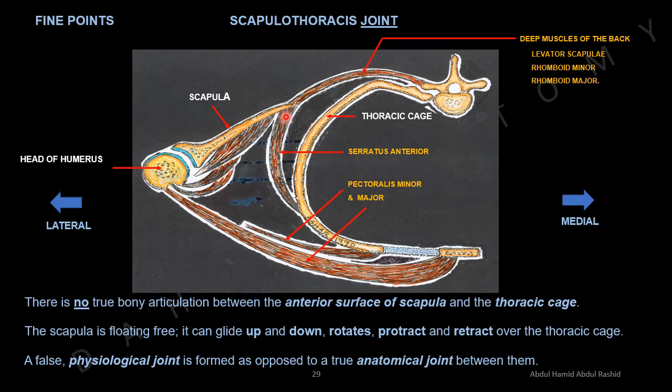Here, the anterior surface along the medial border is attached by the serratus anterior muscle, which is attached to the thoracic cage anteriorly. Behind here are the deep muscles of the back. They are levator scapulae, rhomboid minor, and rhomboid major muscles, which are attached to the posterior surface and medial margins of the scapula and attached to the vertebral column.